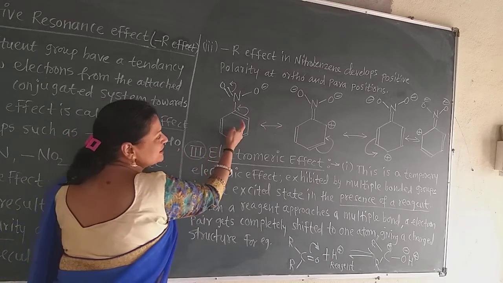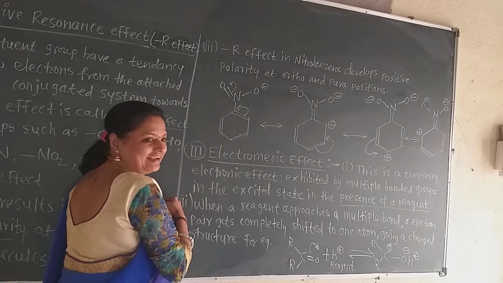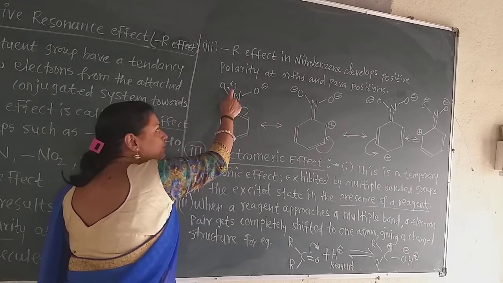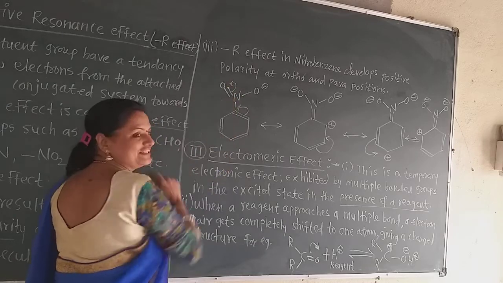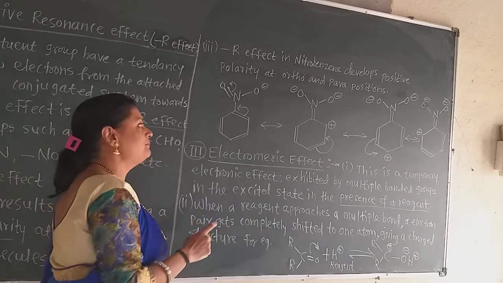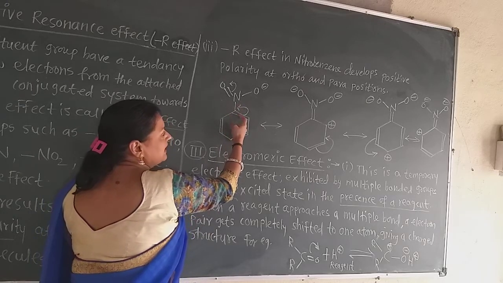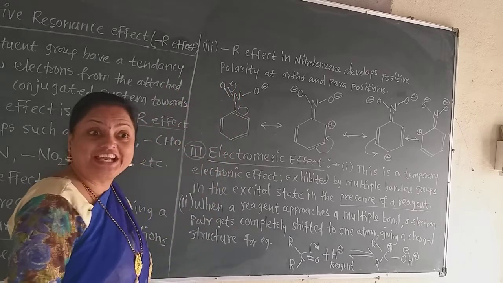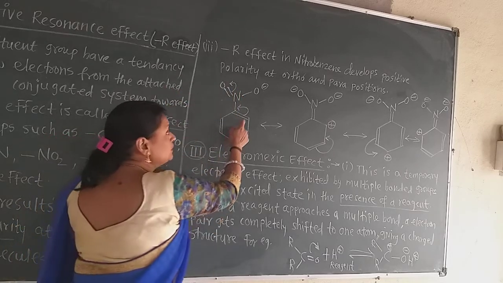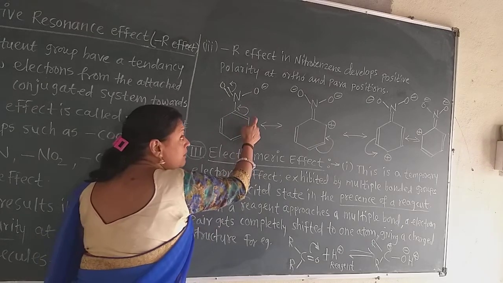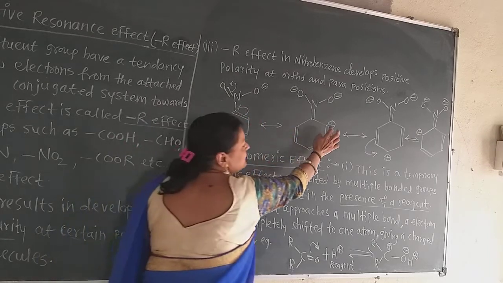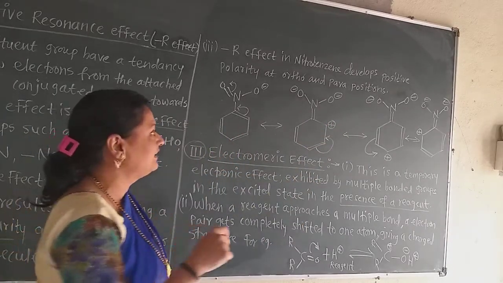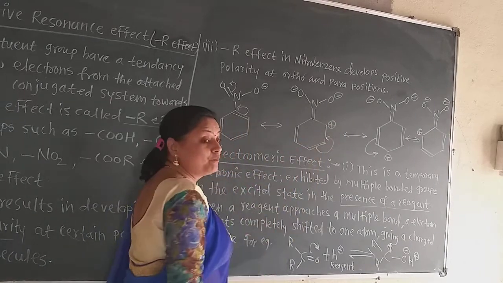See here, this pi electron shifts here. At the same time, the pi electron of this double bond shifts onto this oxygen. When this pi electron shifts onto the oxygen atom, a positive center is developed in the next resonating structure, because the pi electron has shifted.